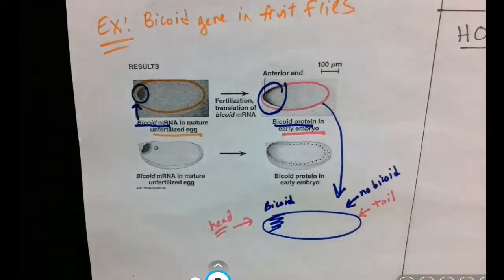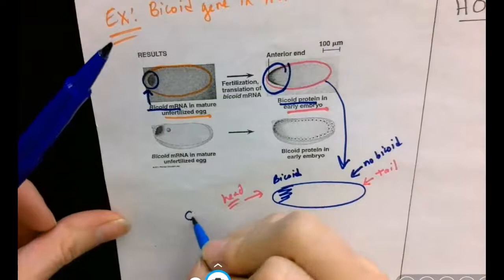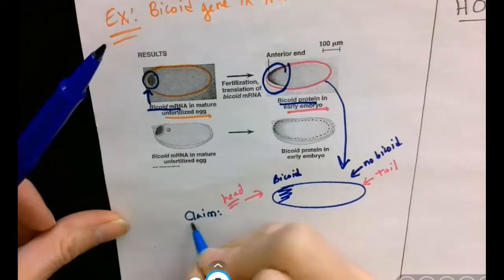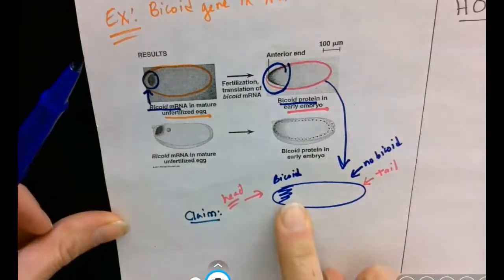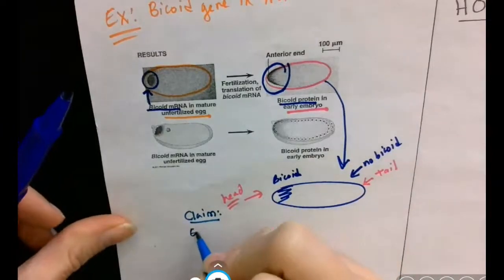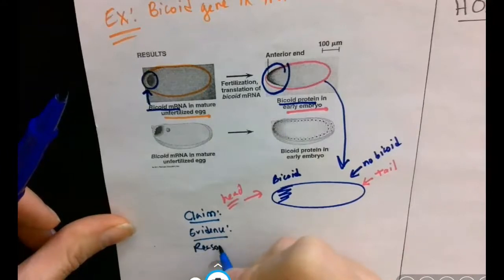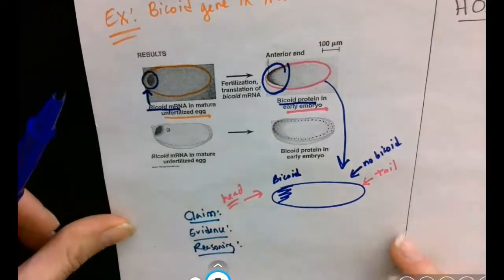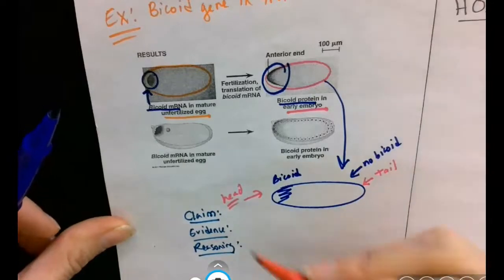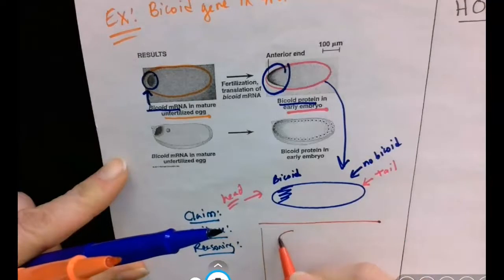So scientists did an experiment. Their claim was that presence of bicoid allows for the development of the head. But they needed evidence and they needed reasoning. So they altered some fruit fly larvae. In one experiment, they took out all the bicoid.